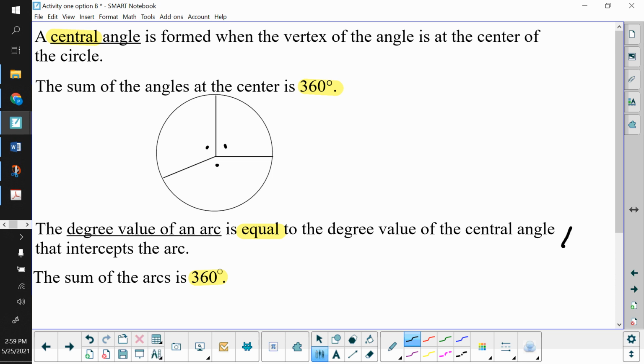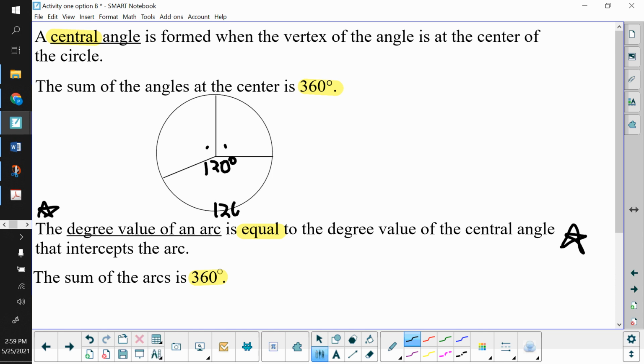This 3rd line here is the key one for central angles. The degree value of the arc equals the degree value of the central angle. So for example, if this was 120 degrees, the arc that we're opening up to, so imagine you trace your angle and imagine it's gobbling up an arc. Think of it as like a mouth.